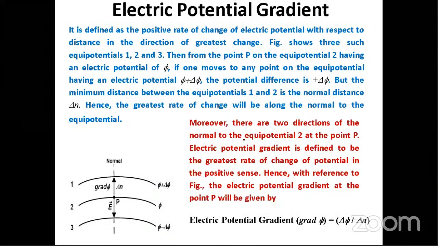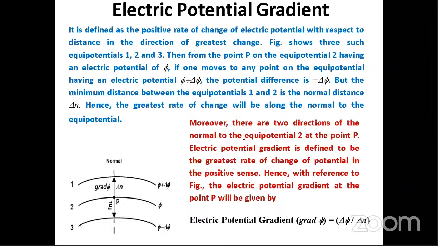Now you have to know what electric potential gradient means. Frequently we use electric field intensity and electric potential gradient as synonymous, but there is a slight difference from the field theory point of view. What is the difference between electric potential gradient and electric field lines? Mind that they are more or less the same.